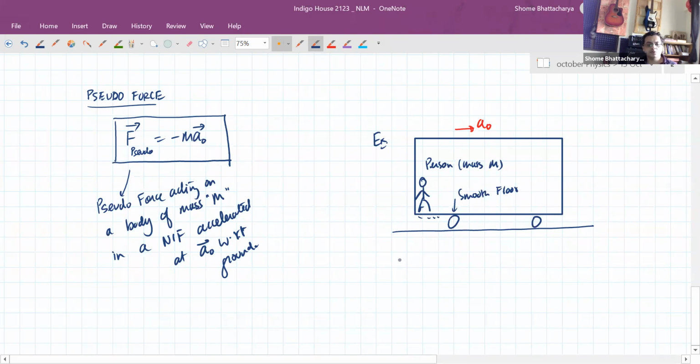Now suppose the given mass of the person is 70 kilograms and g is 10 meters per second square.